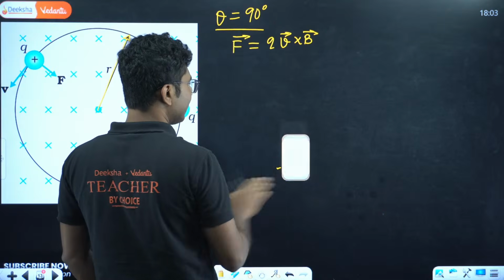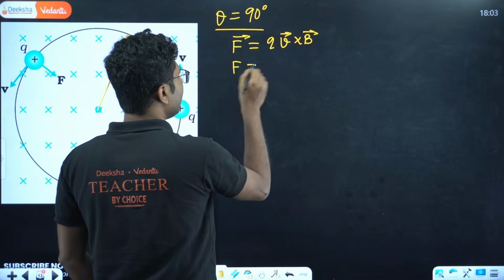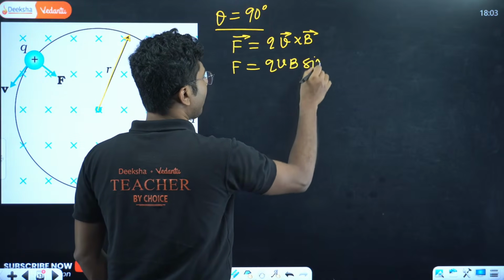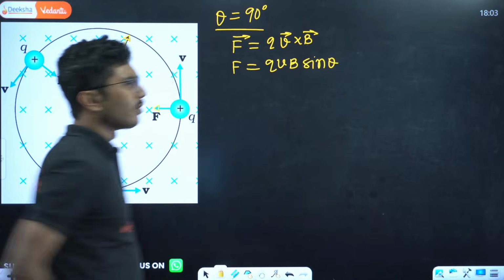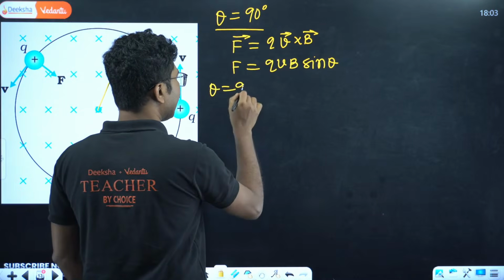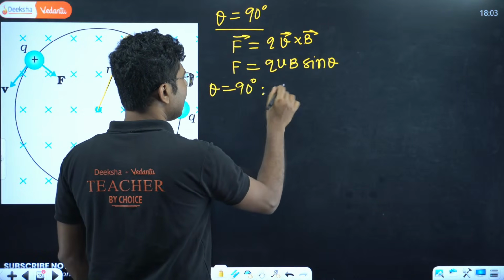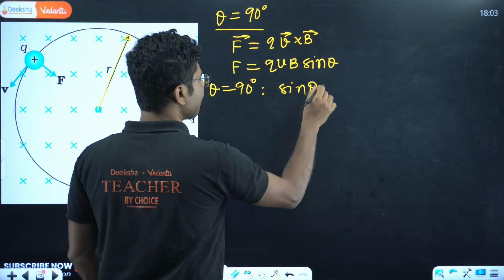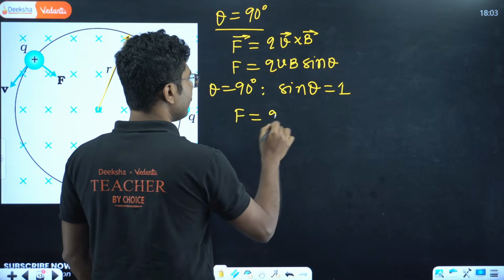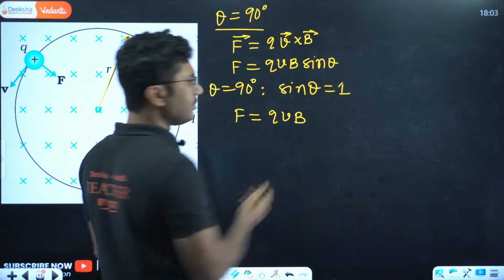We write it simply as F = qvB sin theta. This is the normal form. Now, if theta is 90 degrees, then sin theta becomes 1, so the force becomes only qvB.